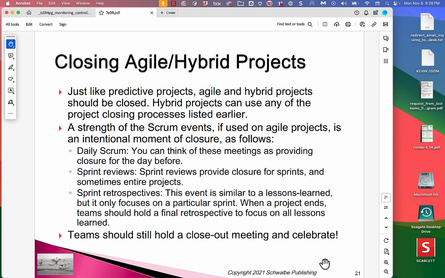Sprint retrospective: this event is similar to a lessons learned, but it only focuses on a particular sprint. When a project ends, teams should hold a final retrospective to focus on all the lessons learned. Teams should still hold a closeout meeting and celebrate.